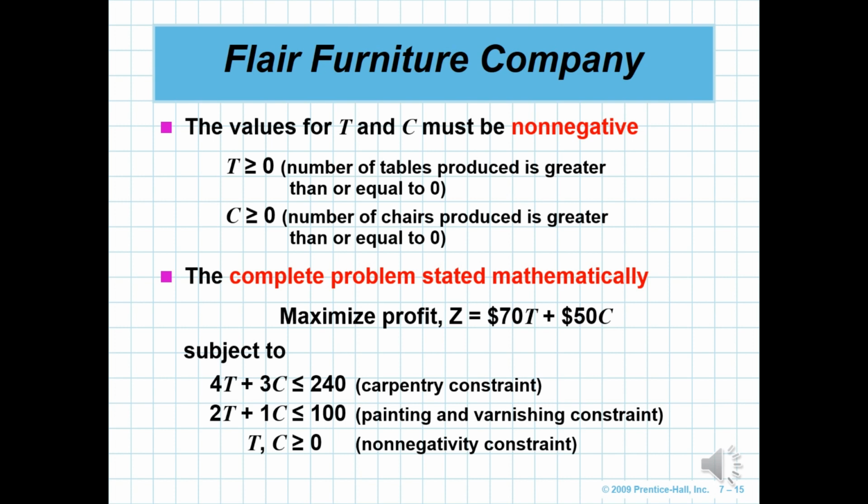We have 4T plus 3C less than or equal to 240, 2T plus 1C less than or equal to 100, and the non-negative assumption, where T and C must be produced in an amount of 0 or a positive value.